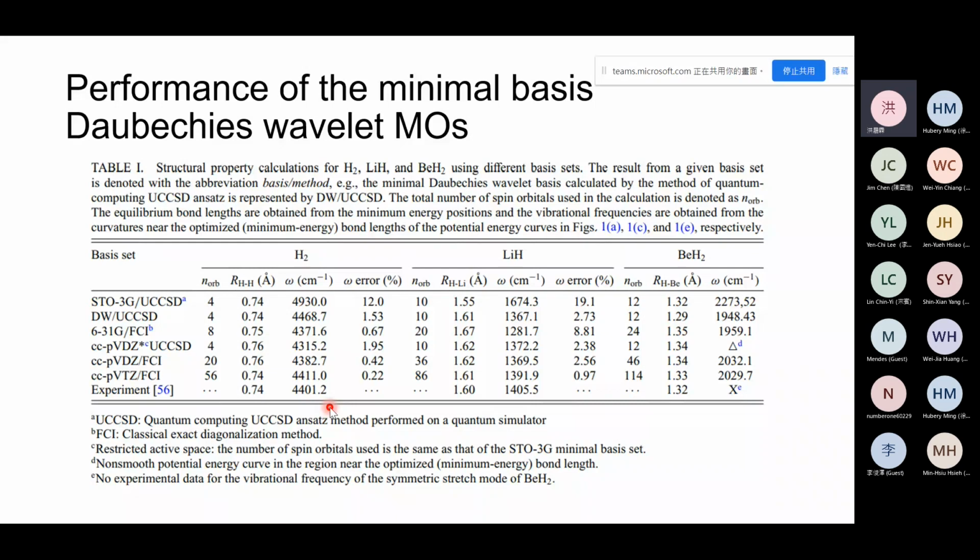That is, it can provide results near exact diagonalization. So you use the unitary coupled cluster to demonstrate that our Daubechies wavelet method can achieve better accuracy using the same number of orbitals.